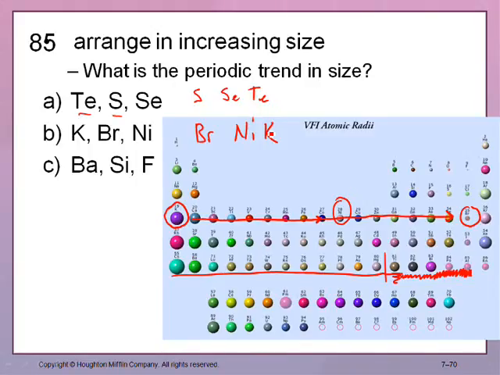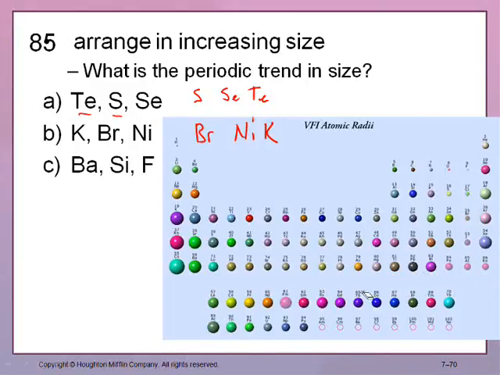So barium, silicon, and fluorine. Barium is right here on your periodic table. Silicon is over with the metalloids right up here.